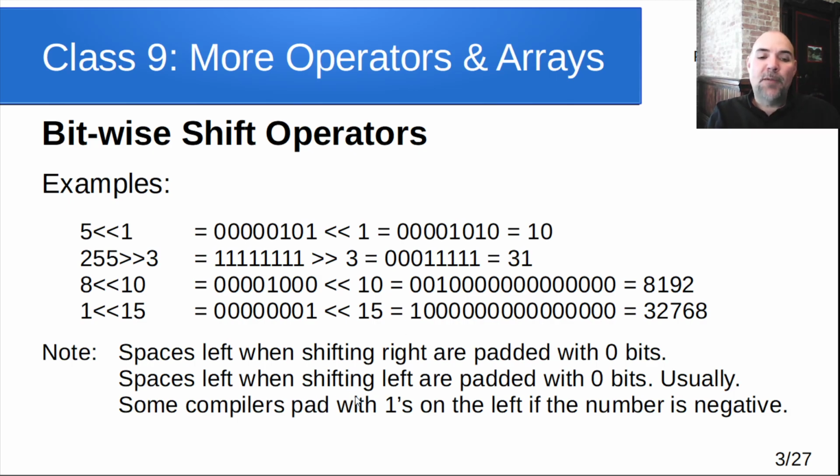But with that two's complement, some compilers on some architectures, if you shift and the most significant bit is a 1, it'll pad it with a 1 rather than a 0. It's only when you're shifting to the right like this. So if this were a signed character type and that was 1 representing a negative number, shifting to the right may have padded this with 1s instead of 0s. So just note that usually it's the case where it pads with 0s, not necessarily always. So you've got to be cautious of that if you're writing platform independent code.